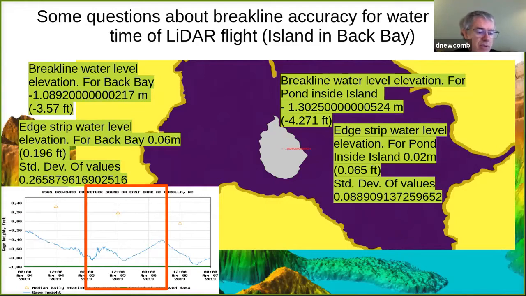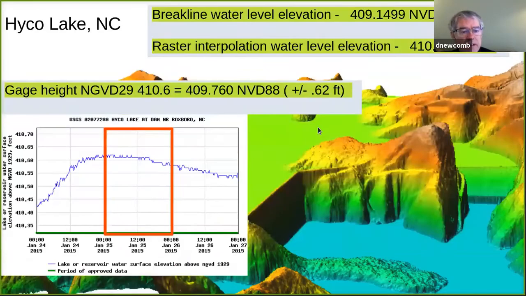And you can see here that on the day the LiDAR data was flown, it's much closer to what the strip method has than the break line. And the interior pond on that island right there has an even deeper hole from the break line than has outside. Okay, on to the next.